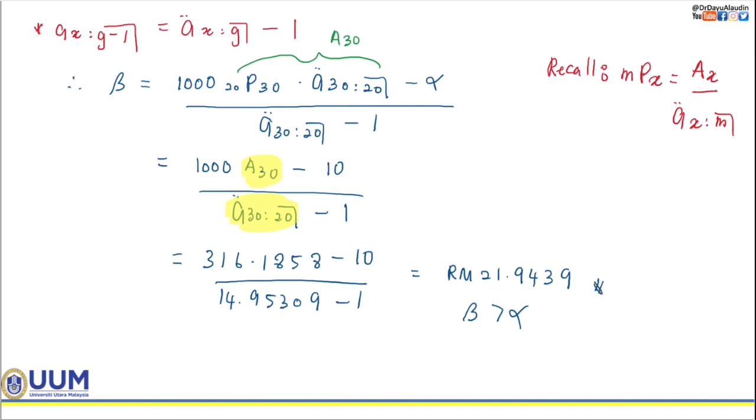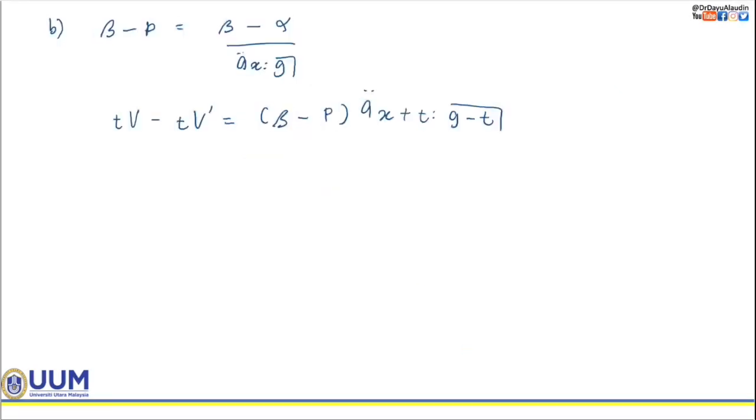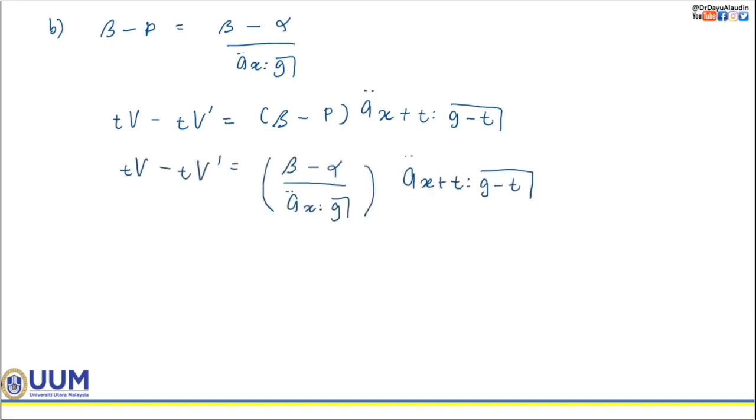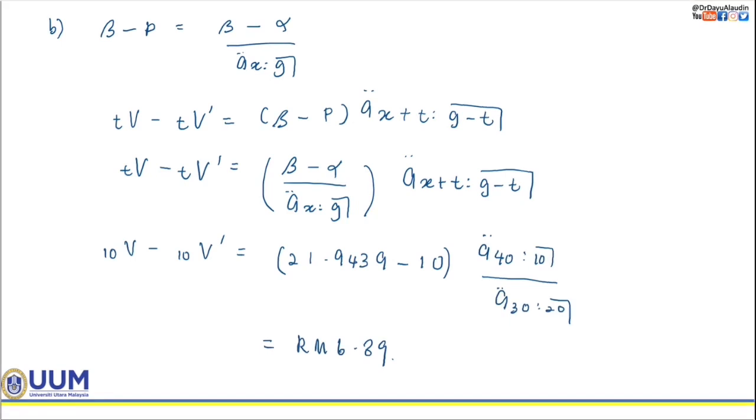So beta must be greater than alpha. Okay, so for part B, we can use this formula to find the excess values. We simplify the equation and we get this one. And we substitute the values of beta and alpha. And this is X plus T. So X is 30.